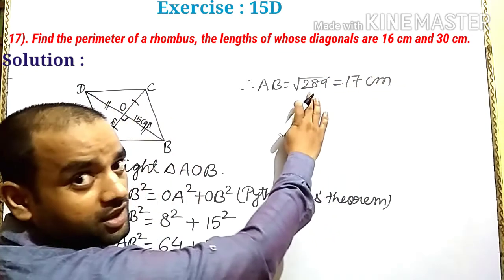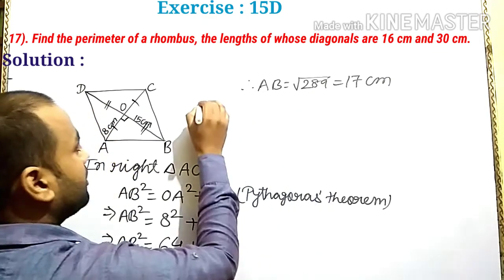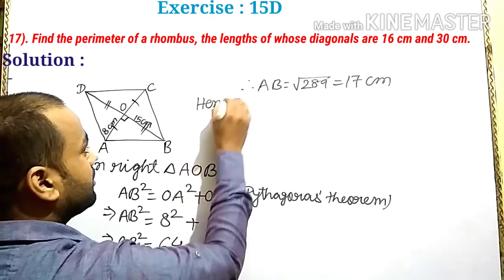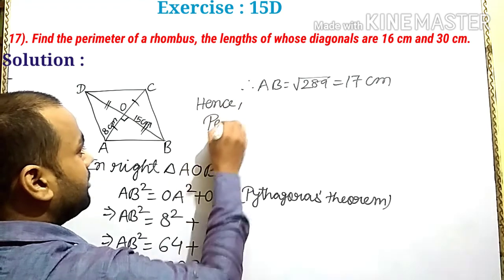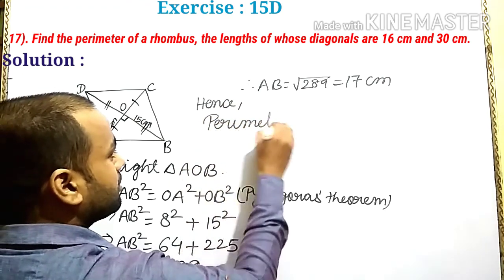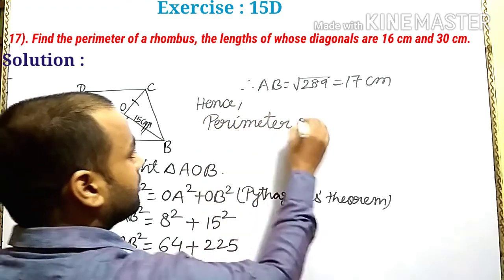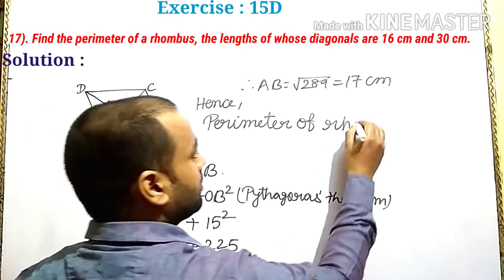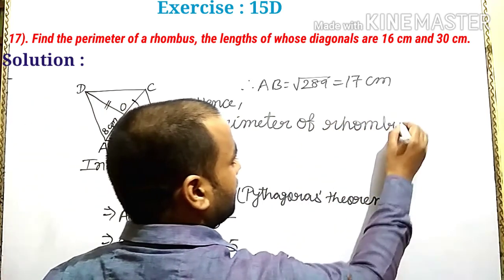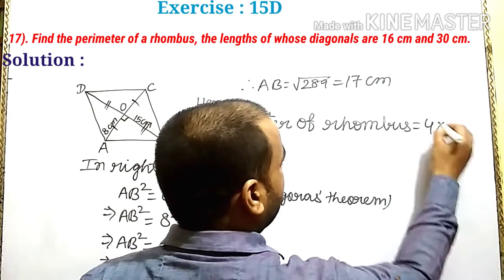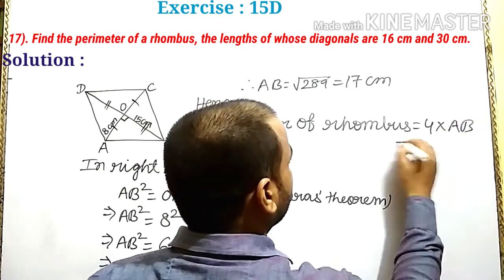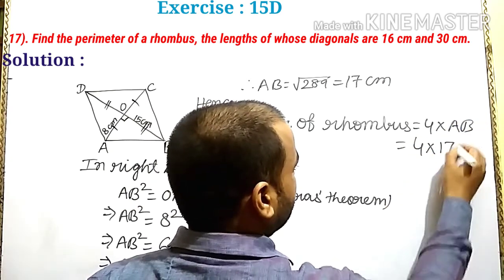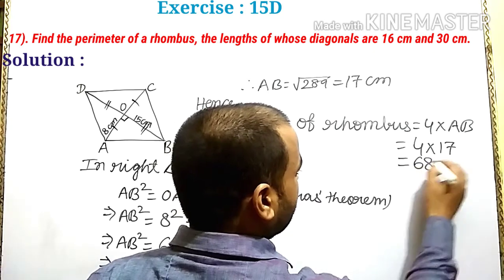Hence the perimeter of the rhombus is four into side. Here take side AB, means 4 into 17 is equal to 68 centimeter.